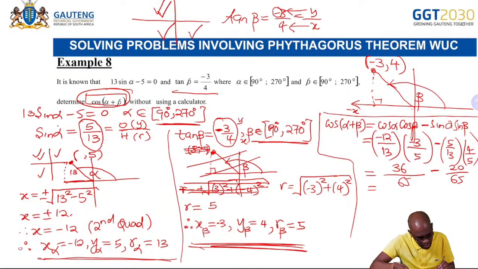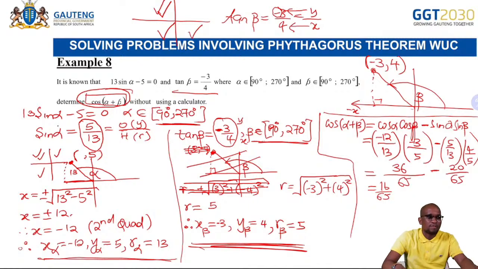So 36 minus 20, 13 times 5, yes, that's 65, and then 36 minus 20 should be 16 over 65. So that's what you obtain from simplifying that: 16 over 65. Right, we move on.